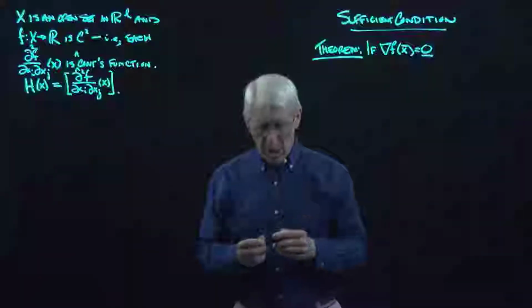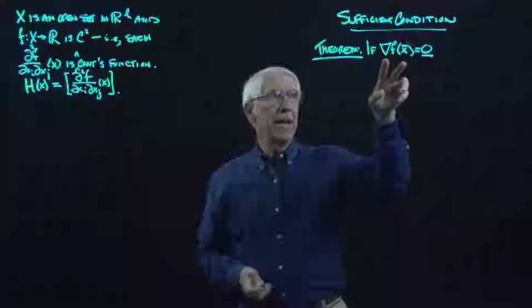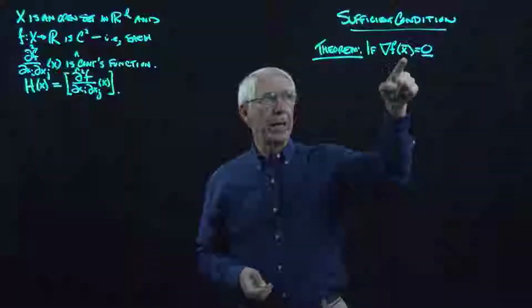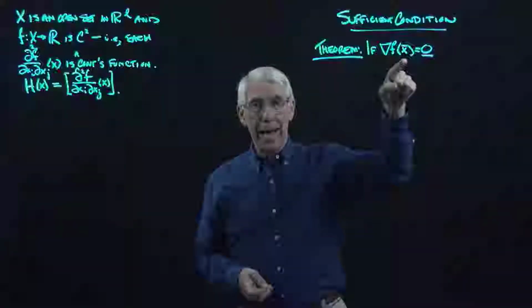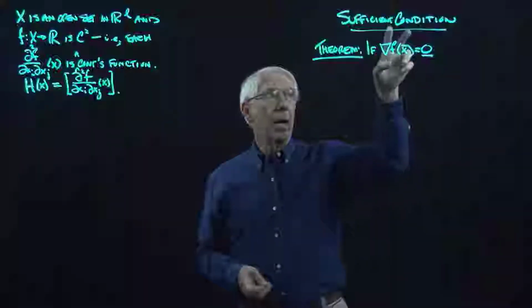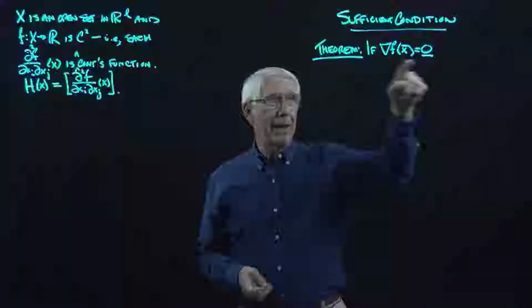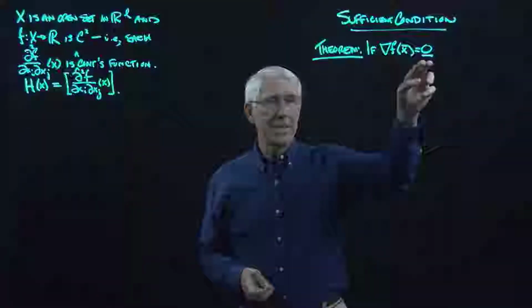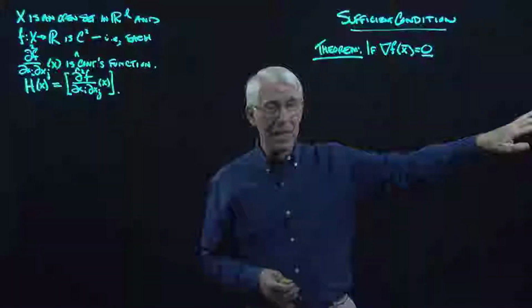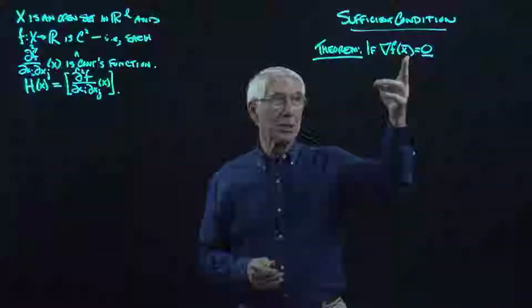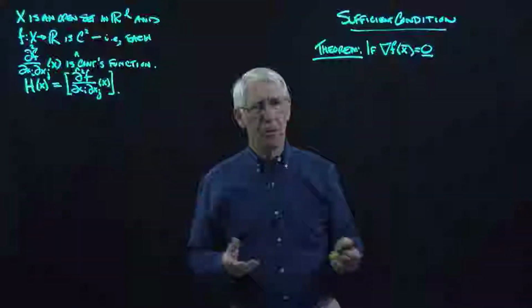First of all, we already know that this is a necessary condition for x bar to be a local maximum. And so if we're going to get a sufficient condition, it's going to have to include this, because if this isn't satisfied, any additional conditions are going to be useless because it won't be a local maximum or minimum.